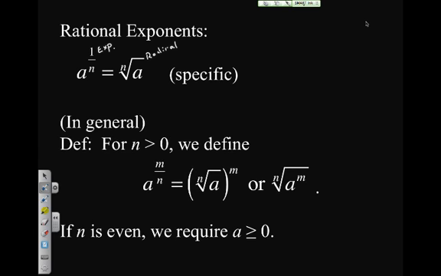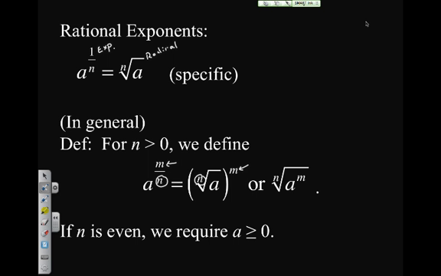And then more generally, for any n that's greater than 0, we can define a to the m over n power to equal this. Notice that the index is the denominator. And the number that's on the top of your fractional exponent is still the exponent.